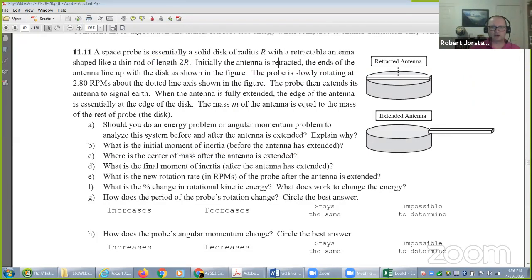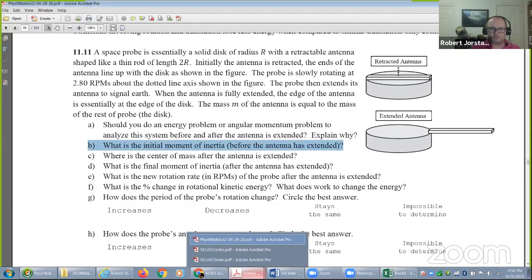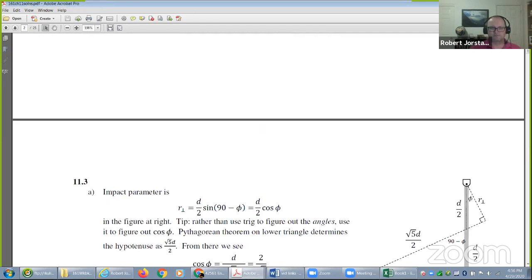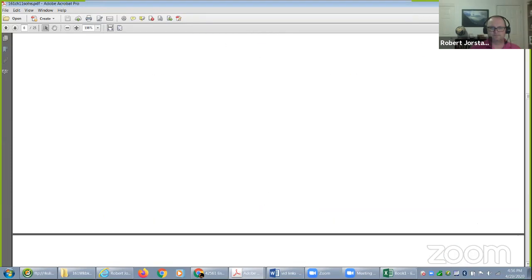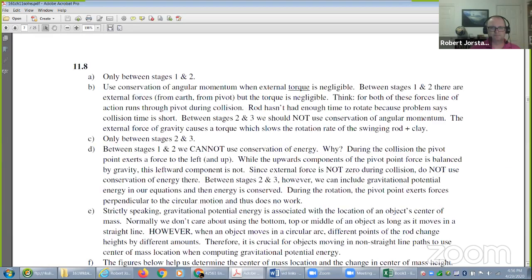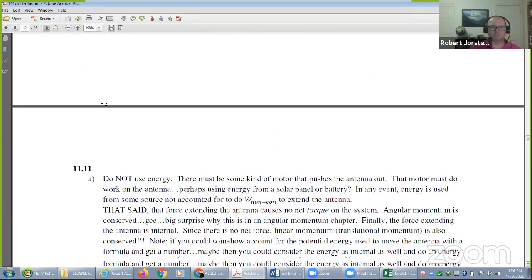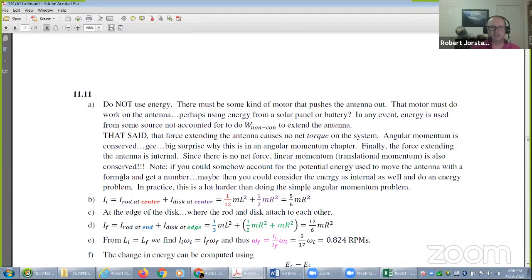So again, I'm doing part B. What is the initial moment of inertia? All right, so that should be right here. So I have a rod at the center and a disk at the center.